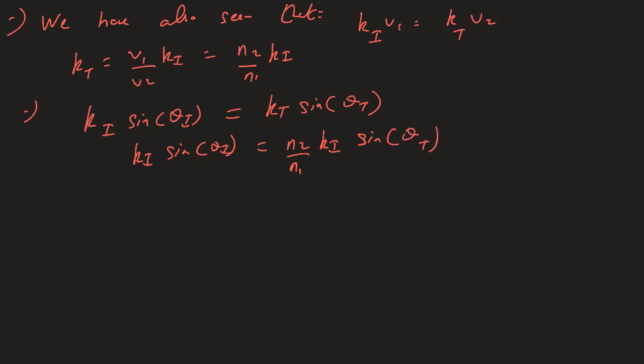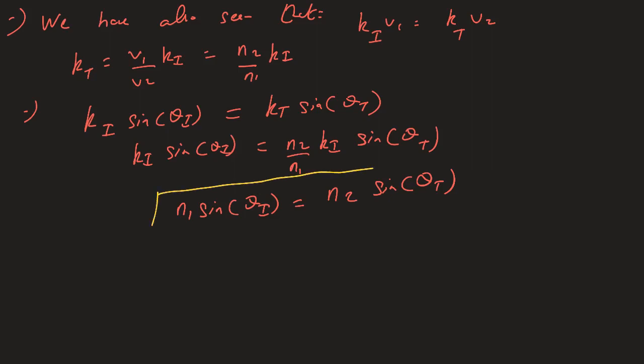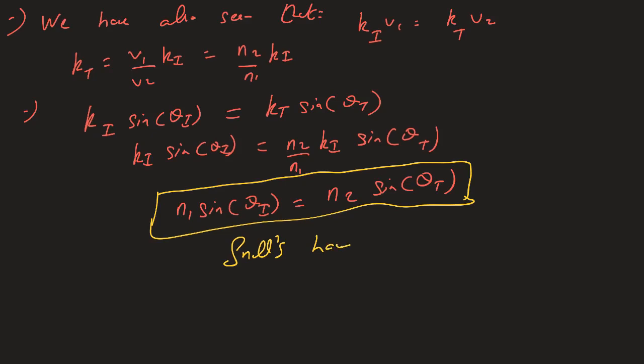So what this means is that N1 sine of theta I is equal to N2 sine of theta t. Okay? And this is of course something you're very familiar with. This is one way of deriving it. This is of course Snell's law of refraction, right? And this is how you can derive it very elegantly.